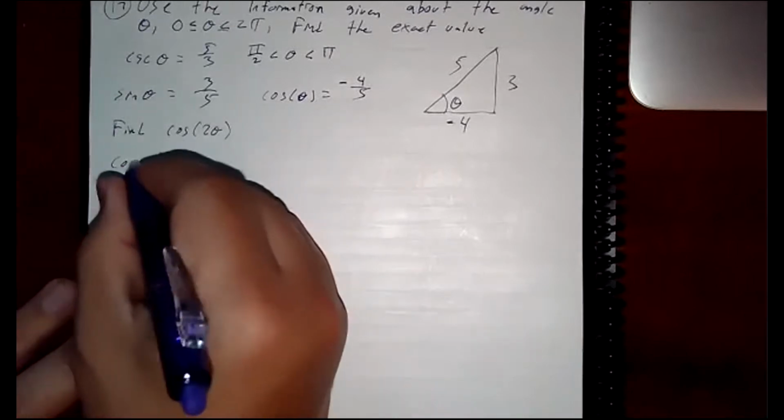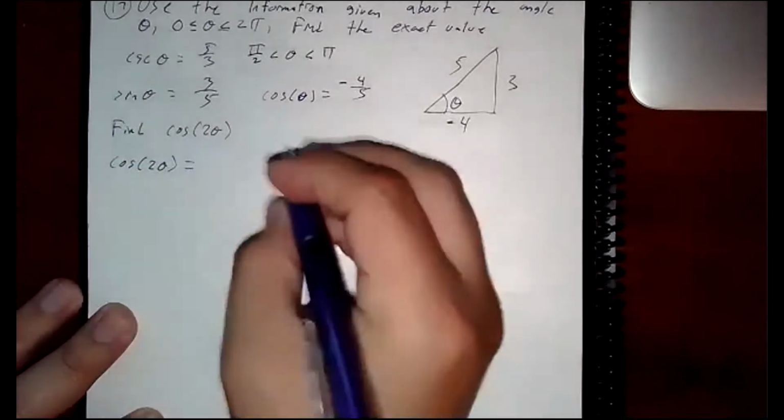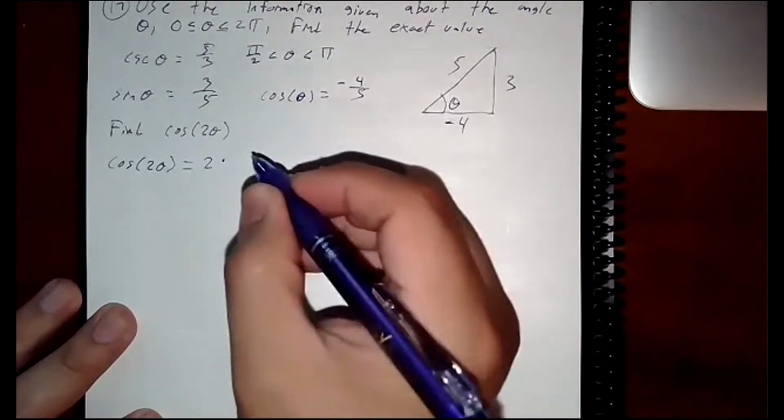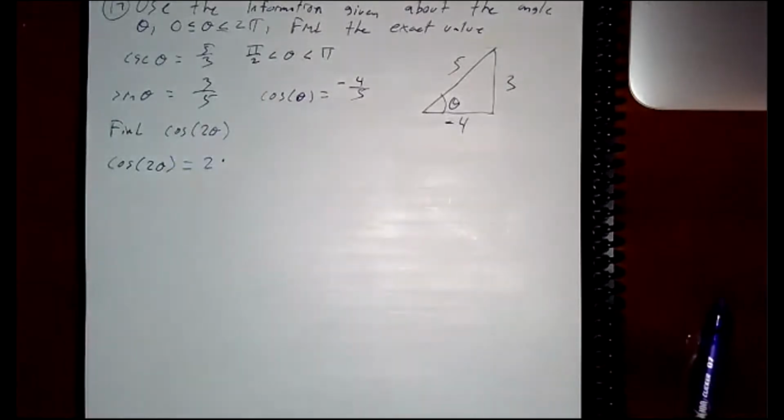So remember the double angle formula. Cosine 2 theta is equal to 2 sine. Oh, actually, there's 3 forms for double angle cosine. Let me look those up.